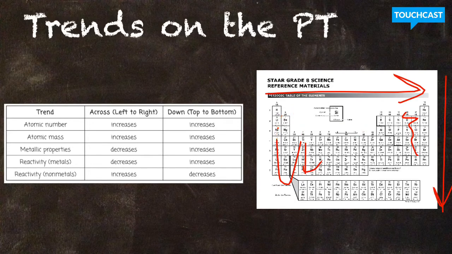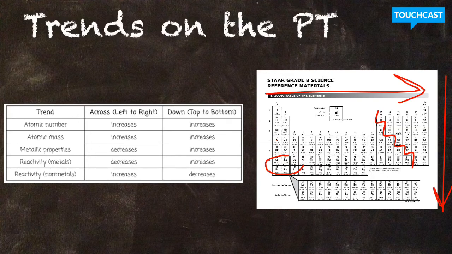Reactivity refers to how reactive different elements are. And with reactivity, it's different for metals and nonmetals. So if we're just looking at metals, or the elements on the left side of that staircase, the reactivity decreases as you move across, so metals on the right are less reactive, and it increases as you move down. So metals that are at the bottom of the periodic table are more reactive.